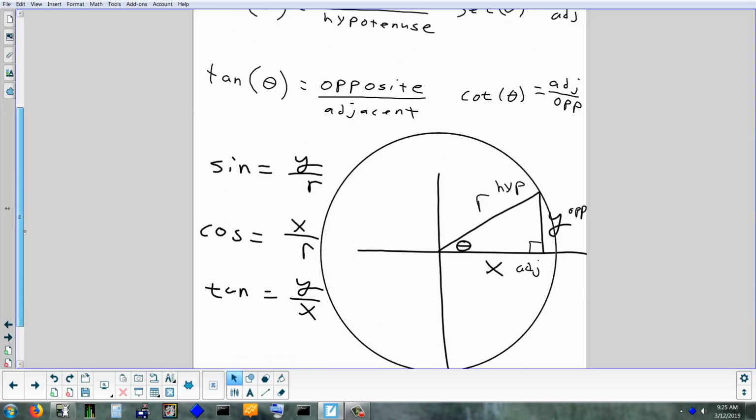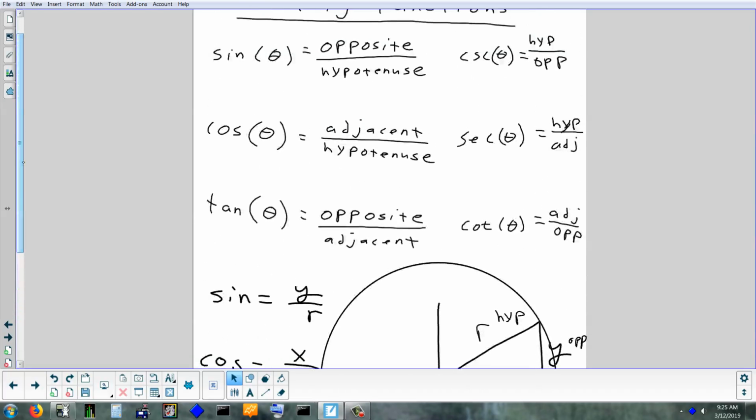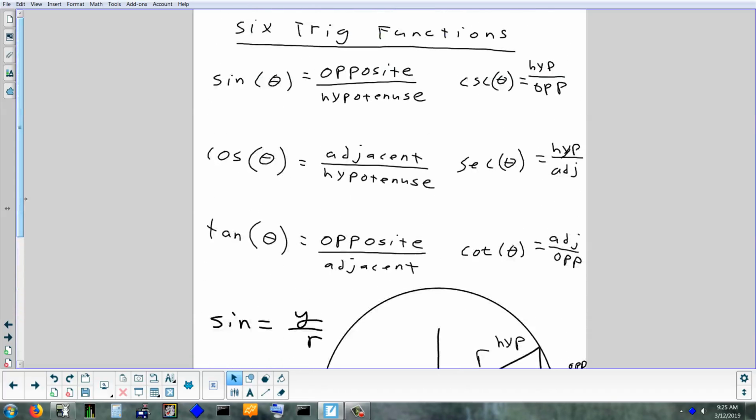All right. Now, there's a trick some people use to try to remember the sine, the cosine, and the tangent. Does anybody know the trick? It's like a word I kind of remember. Well, it's just kind of a trick to remember that sine is opposite over hypotenuse, cosine is adjacent over hypotenuse, and tangent's opposite over adjacent.